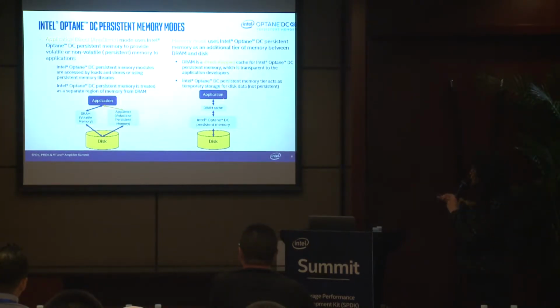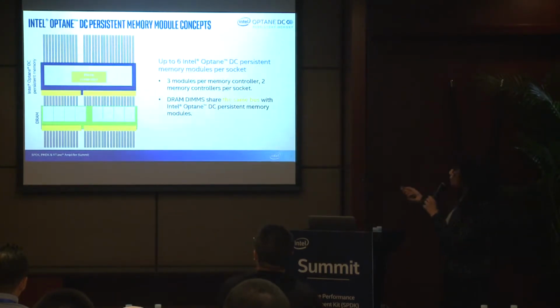That's why I say it's transparent to application developers. And like I said before, this is an additional tier of memory, and you have to remember it's not persistent, it's volatile memory. That is something that you need to be aware of as well.